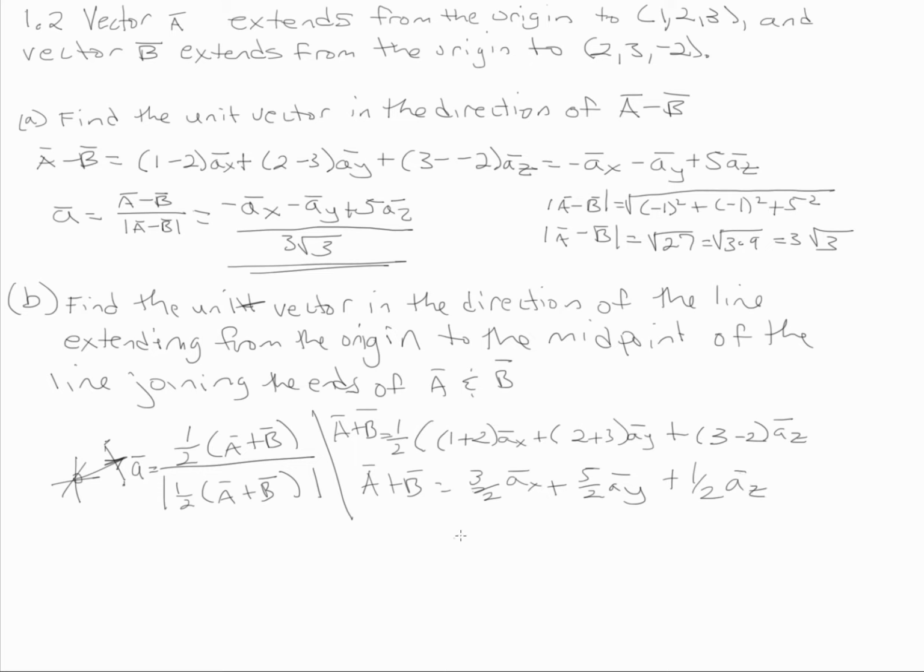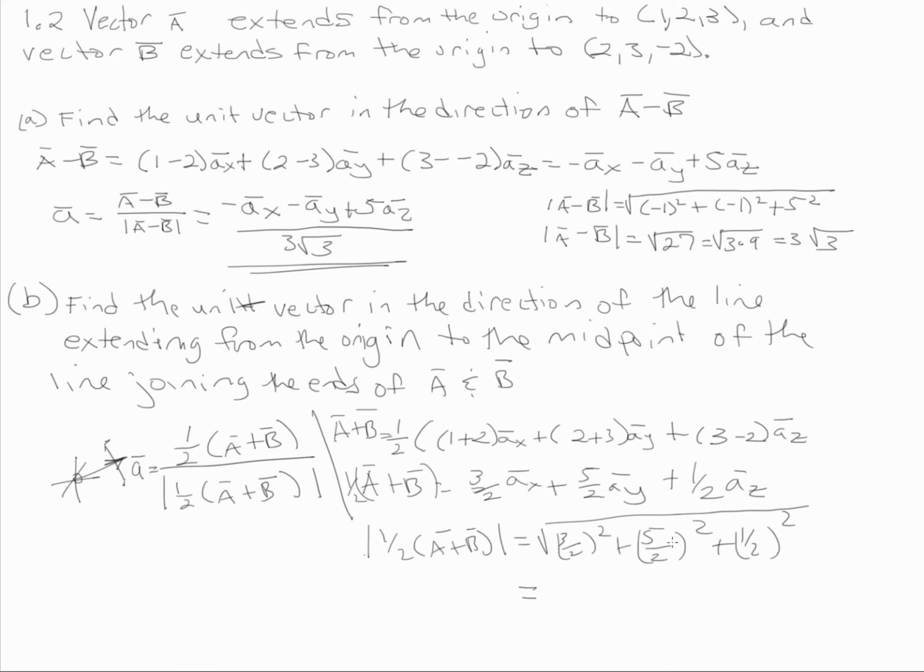And then we have to do the magnitude of, I should say this is 1/2 A plus B. So the magnitude of 1/2 A plus B is going to be equal to the square root of the coefficients squared: 3 over 2, 5 over 2, and 1/2, all squared.